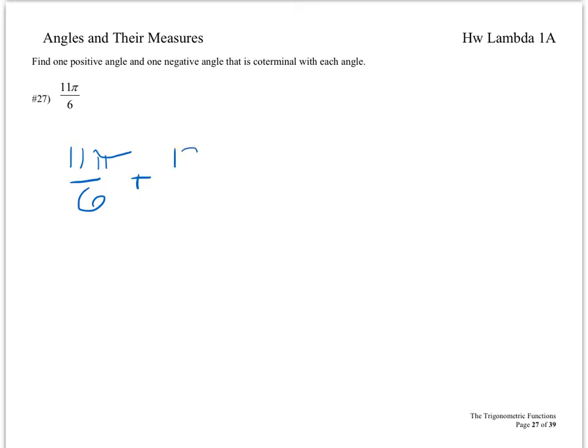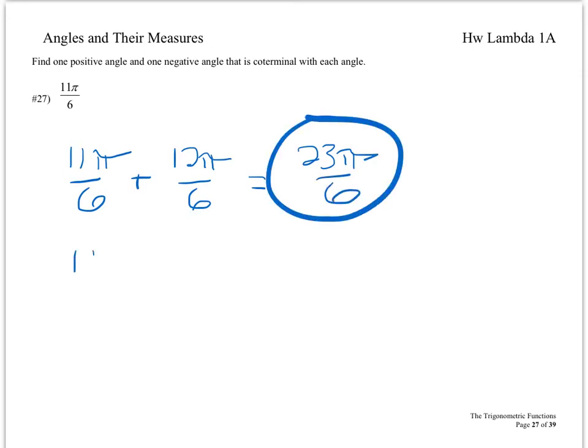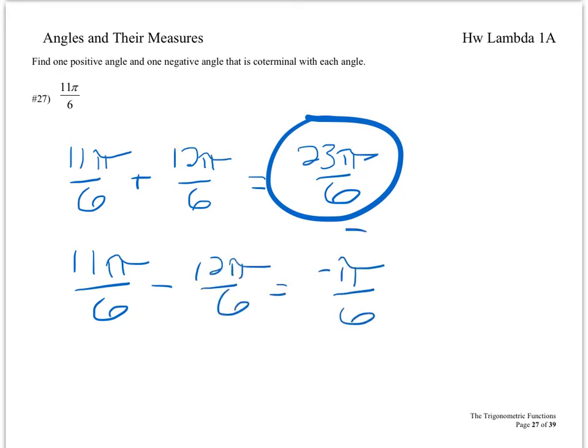We want to have common denominators, so we're going to add 12 pi over 6, which is the same as 2 pi. 11 pi over 6 plus 12 pi over 6 is 23 pi over 6. That's one possible answer. To find a negative coterminal angle, we subtract a complete revolution, which would be negative pi over 6. Those are two possible answers.